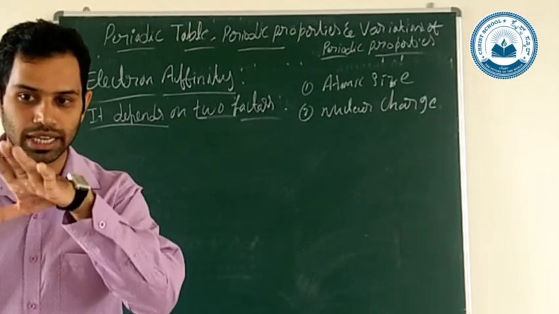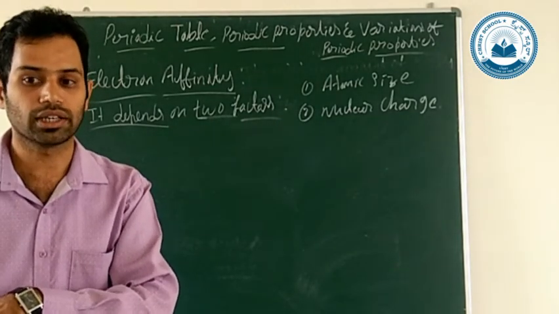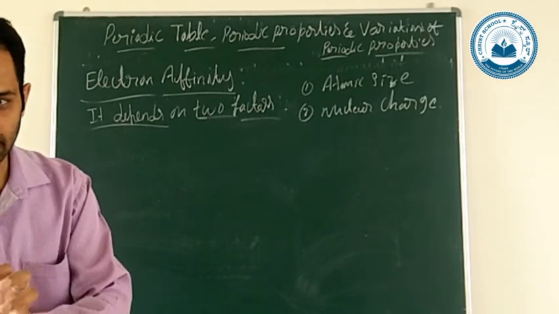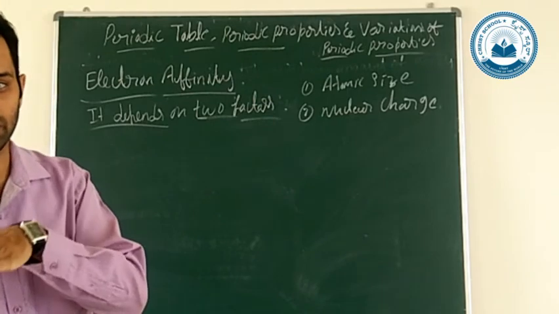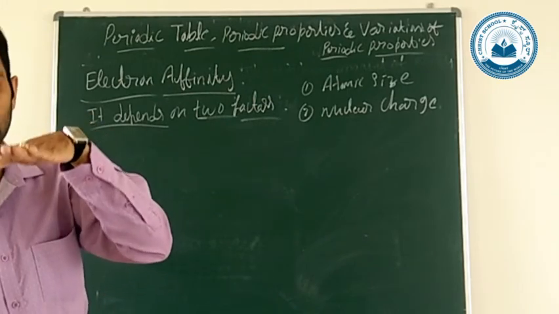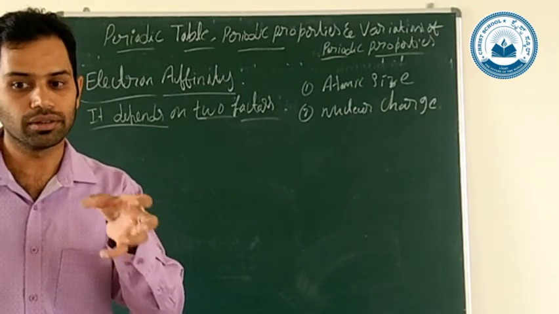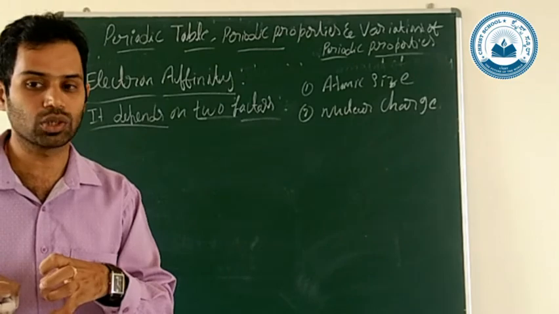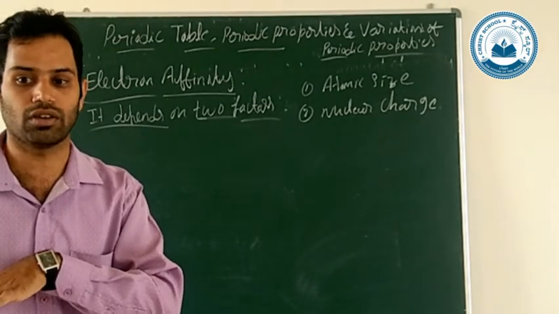As the atomic size decreases, then electron affinity will be more. Atomic size smaller means the nuclear charge is more, and electrons will be attracted towards the nucleus. So smaller the atomic size, more will be the electron affinity.